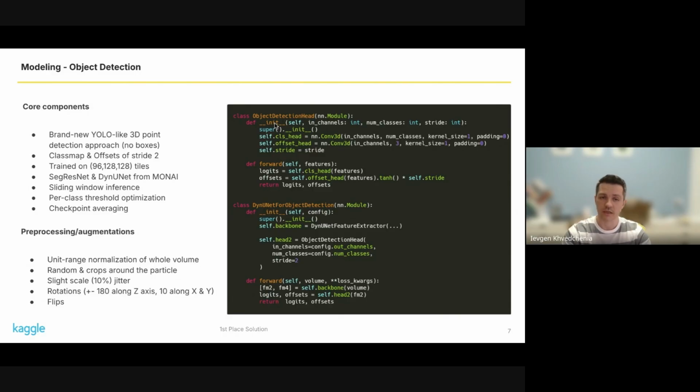For the object detection approach, I found that mix-up didn't work for me, which I was really surprised to observe. Usually, for all past object detection challenges I participated in, mix-up was the way to go. But here, for some reason, it didn't work.